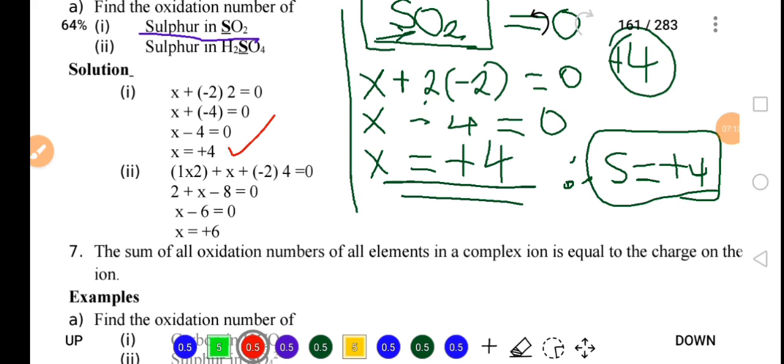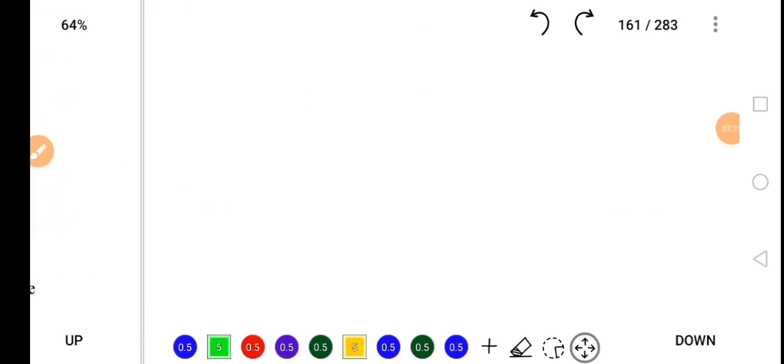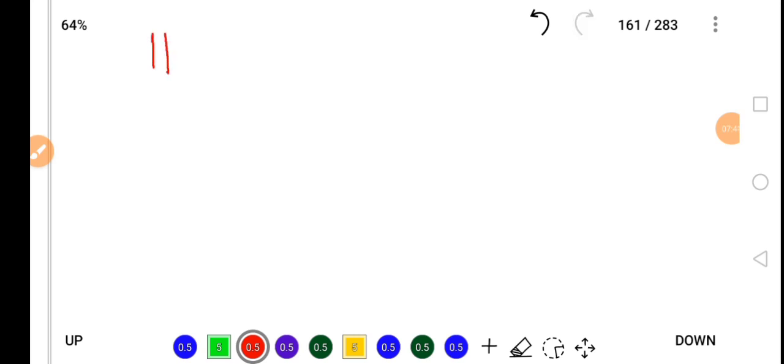What of sulfur in sulfuric acid? Let me go to the whiteboard. We are still looking for sulfur in sulfuric acid.